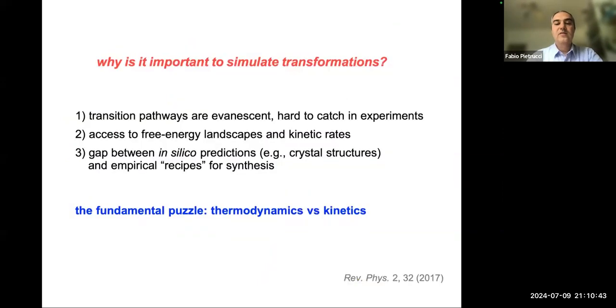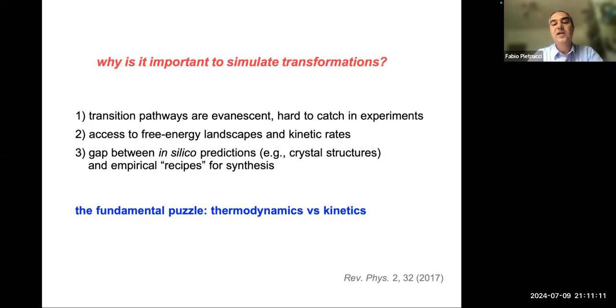Now, one might argue, why is it important to simulate transformations? Maybe I find it interesting and fun, but is it really relevant in science or in computational science to study transformations? Well, there are different arguments. We can say that the transition pathways, so really the mechanism taken by systems to transform, are something that we will see is very evanescent, very quick.